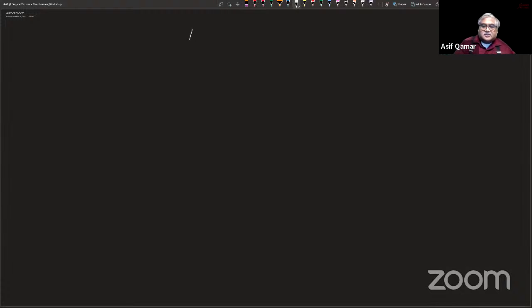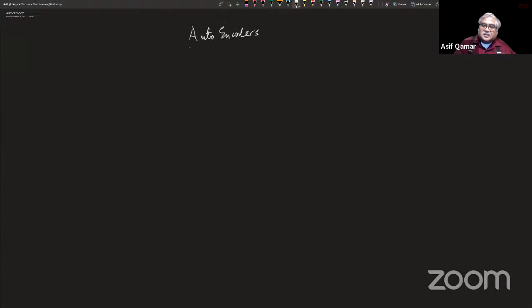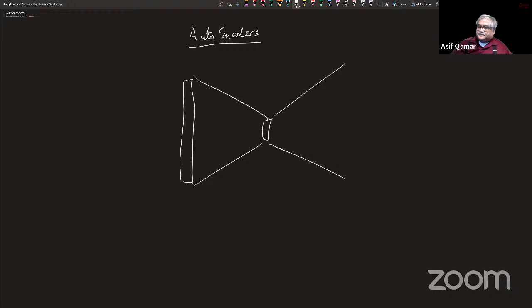So, the autoencoders. The basic architecture of the autoencoder is like this. In your mind, we always think of autoencoders as a symmetrical object, laterally symmetrical.